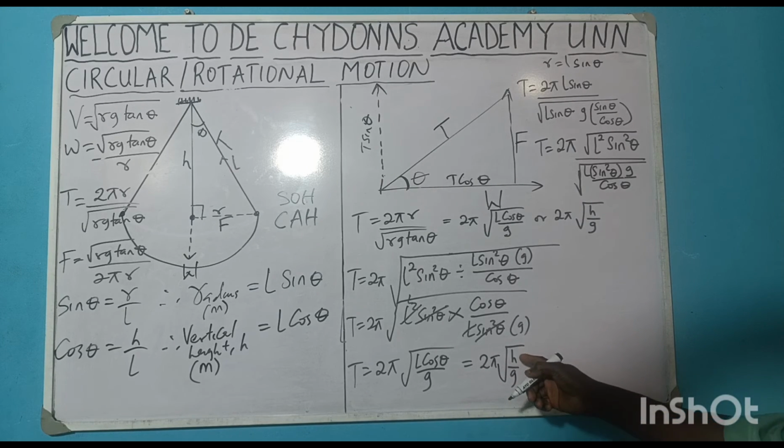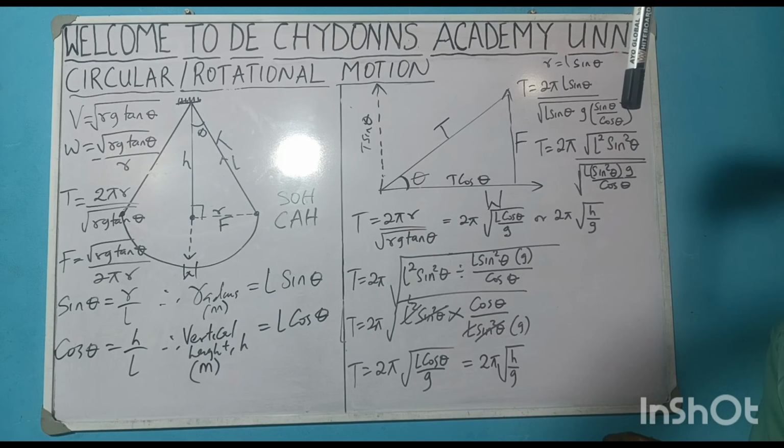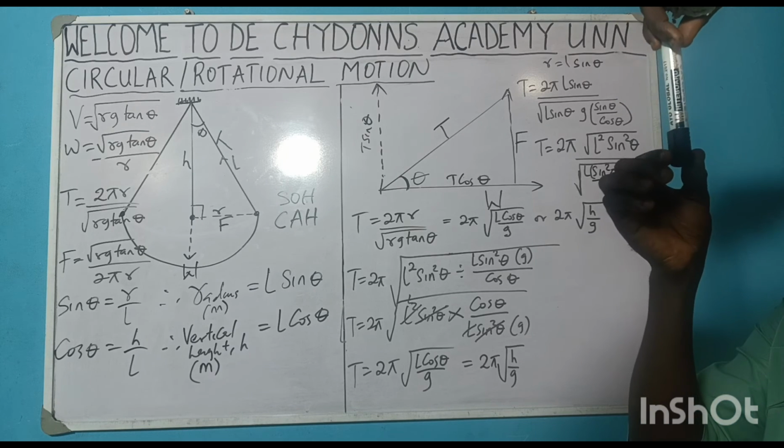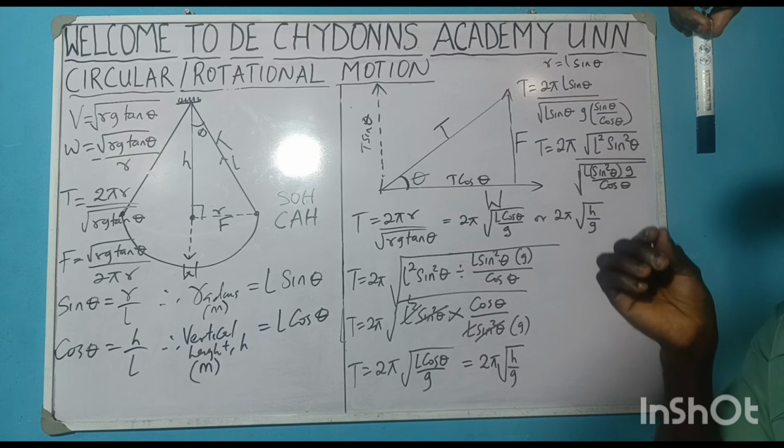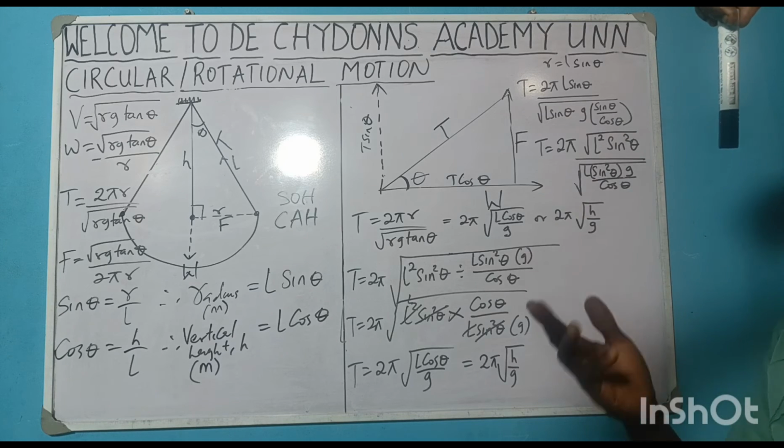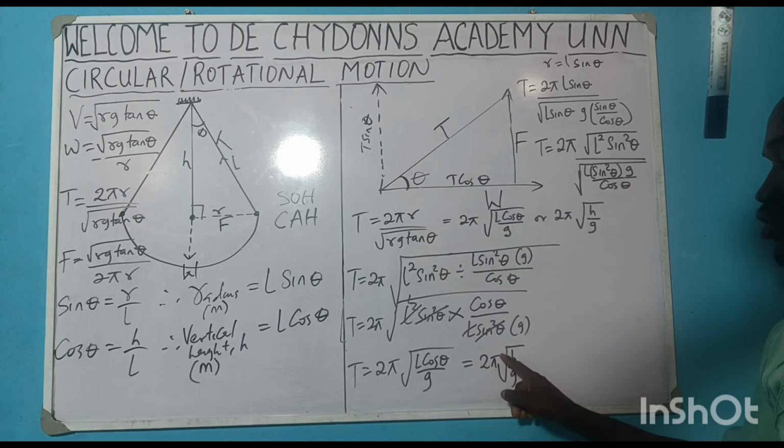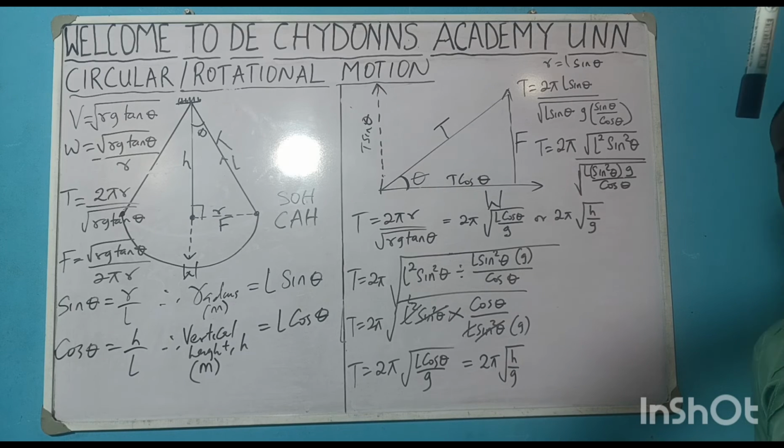Now this h you are seeing can come in many ways. When you are talking about spring, you know, spring can also embark on simple harmonic motion. So this formula can also be used in simple harmonic motion too.